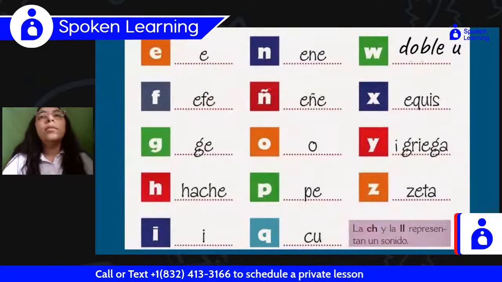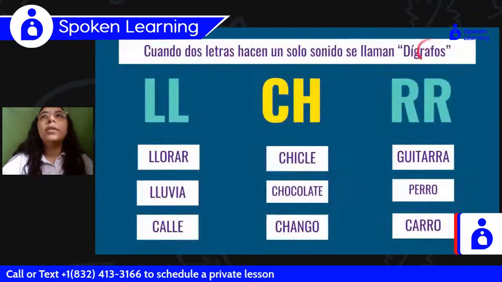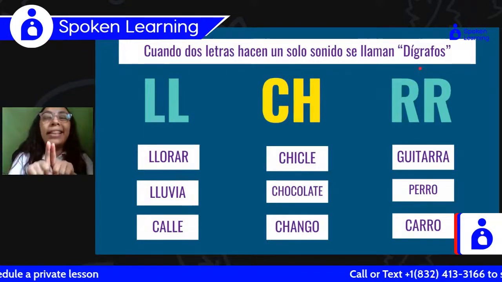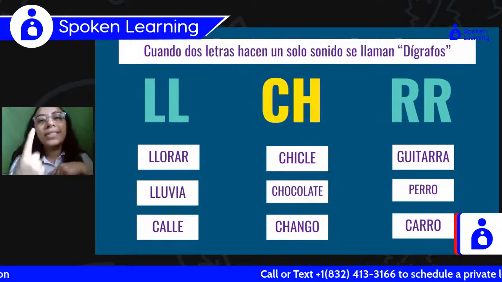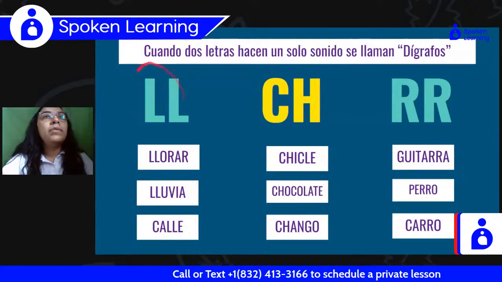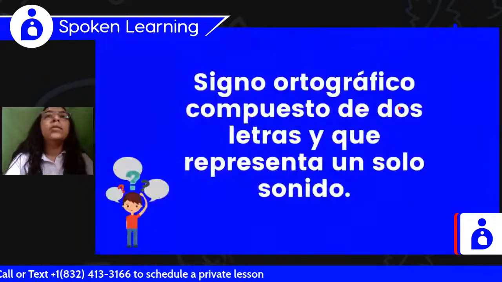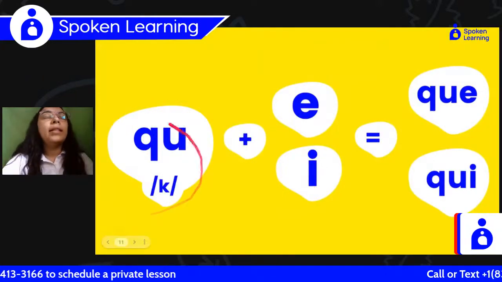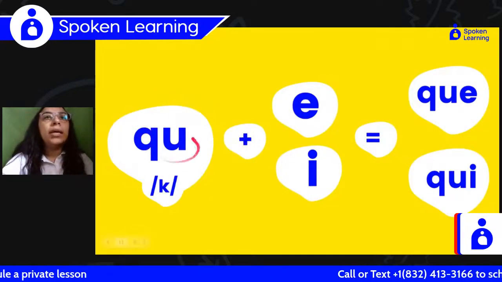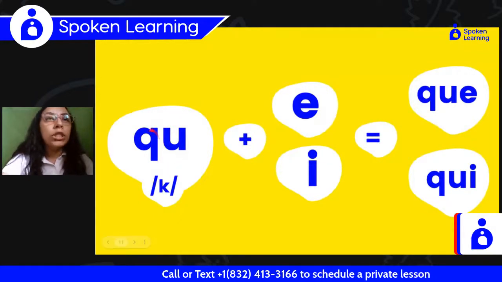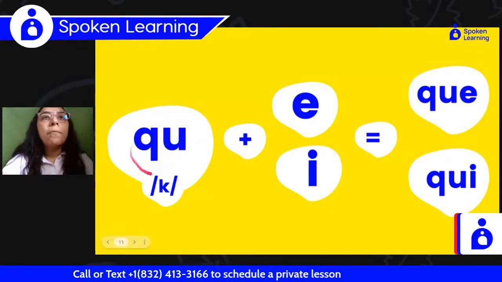So let's go to something called dígrafos. Dígrafos is when you put two letters together that make just one sound. Okay, so the examples for them were j, ch, and r. Another one that is really important, we use it a lot in questions and in some of our words. So k, k.